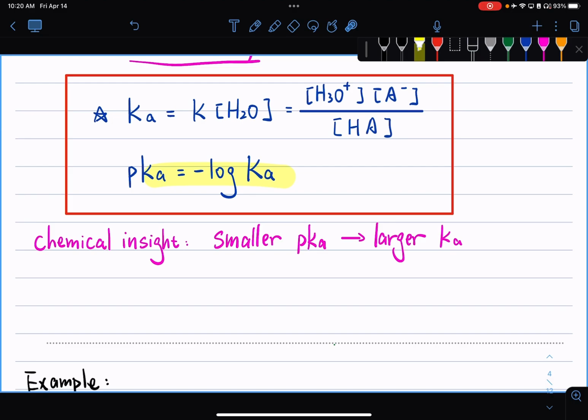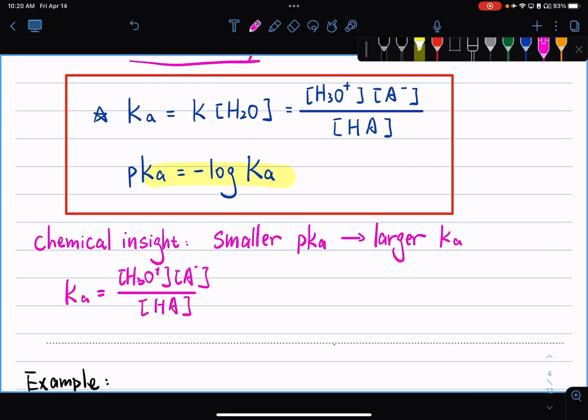And then what we have is Ka, by definition, equals H3O+ times A- divided by HA.